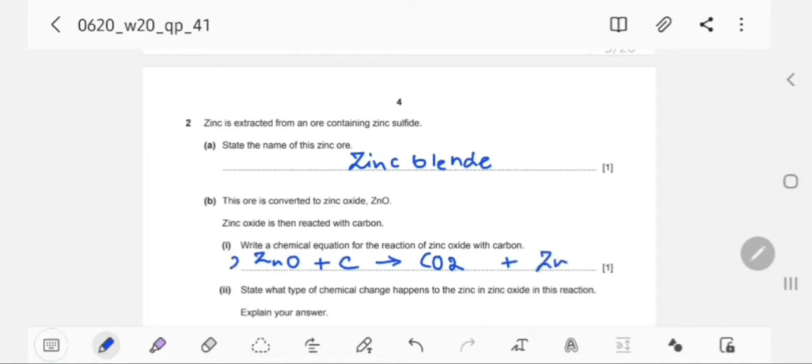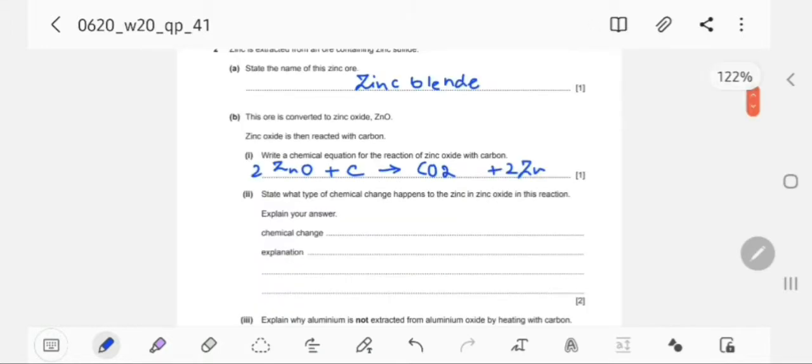So we have to balance it now. Okay, now it's balanced. State what type of chemical change happens to the zinc in zinc oxide in this reaction. Well, the chemical change which happens is called reduction, because oxygen is being lost.